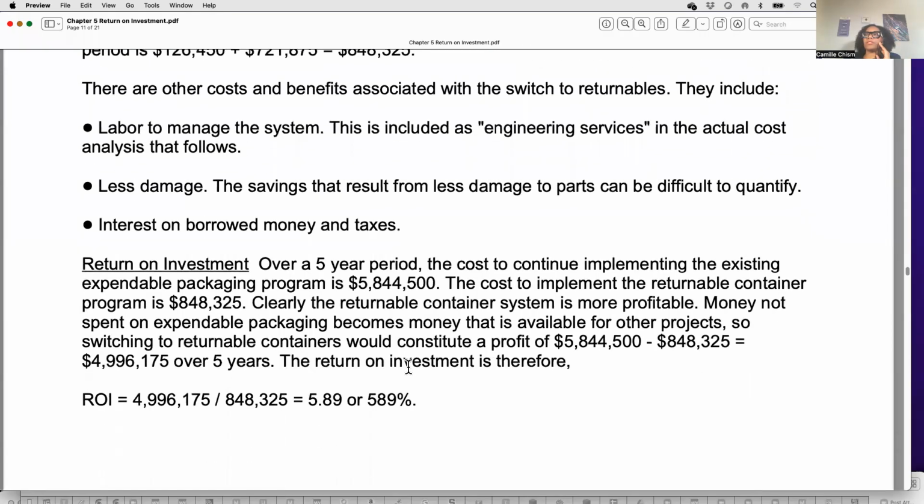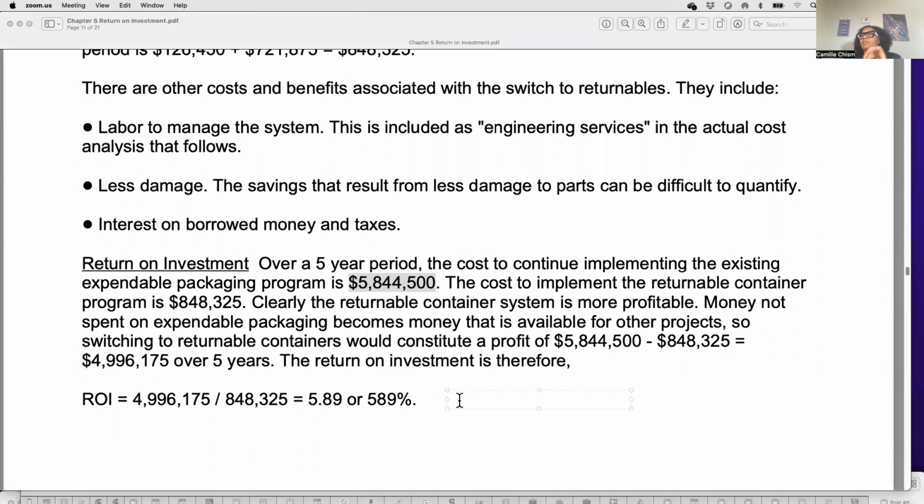So this is where we calculate the return on investment. So now we're caught back up so you can see. Over the 5-year period, you know that the expendable packaging was at $5.8 million, right? I was going to annotate here. This is when I realized that I was just talking.